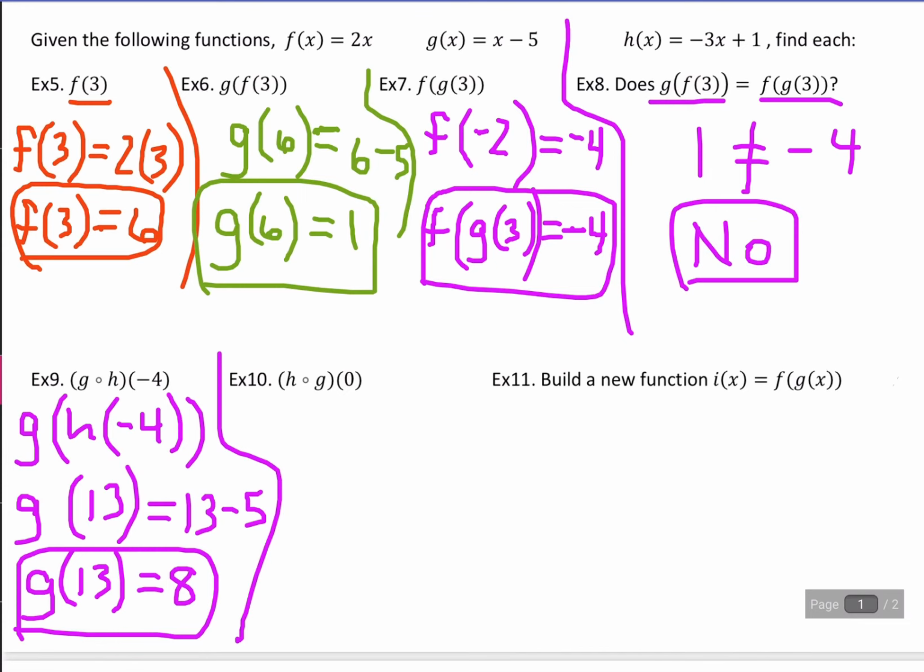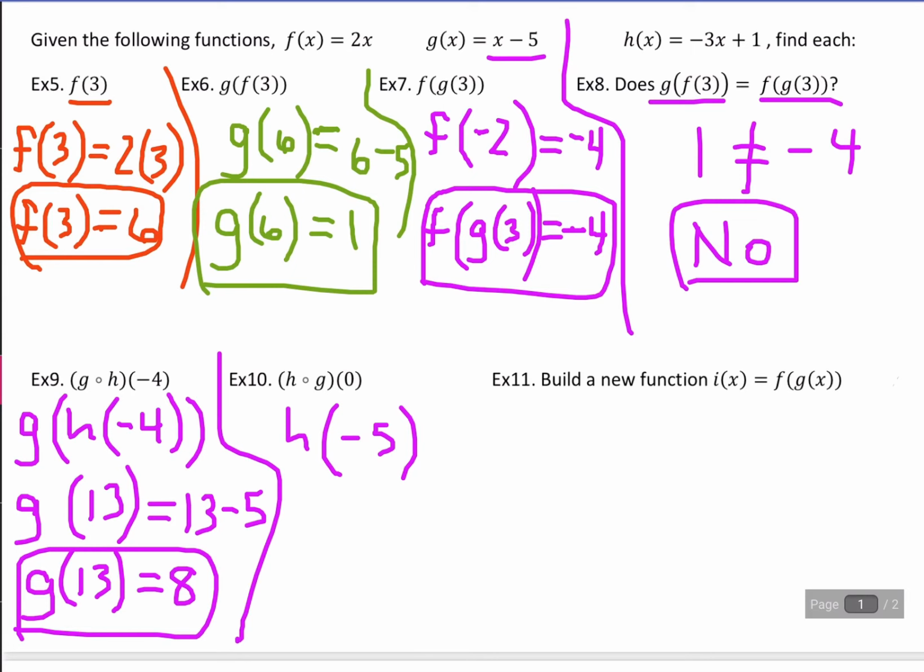All right, this next one we're going to put 0 into the g function, and then we'll put that result into the h function. The g function, just subtract 5. Zero minus 5 is negative 5. And then put negative 5 into the h function.